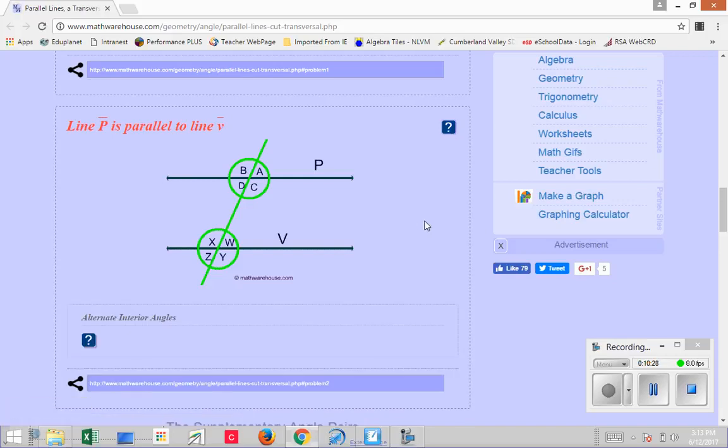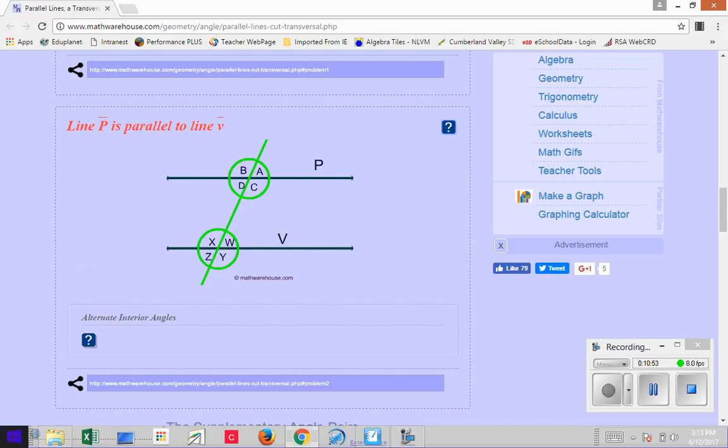Okay, so now it's asking us what are the alternate interior angles. So let's think about that for a moment. Let's think about what are the alternate interior angles. So remember, alternate means opposite sides of the transversal, which is in green here, and interior means on the inside of the two lines. And we were told that these two lines are parallel.